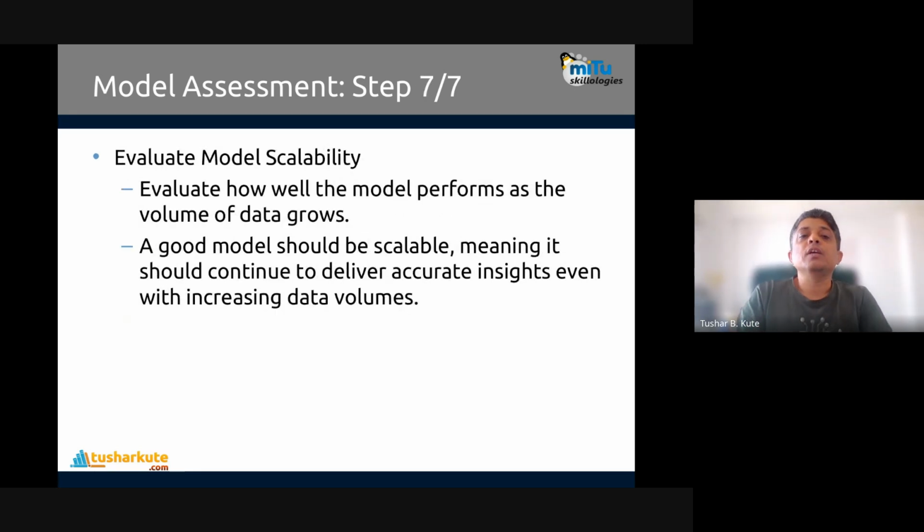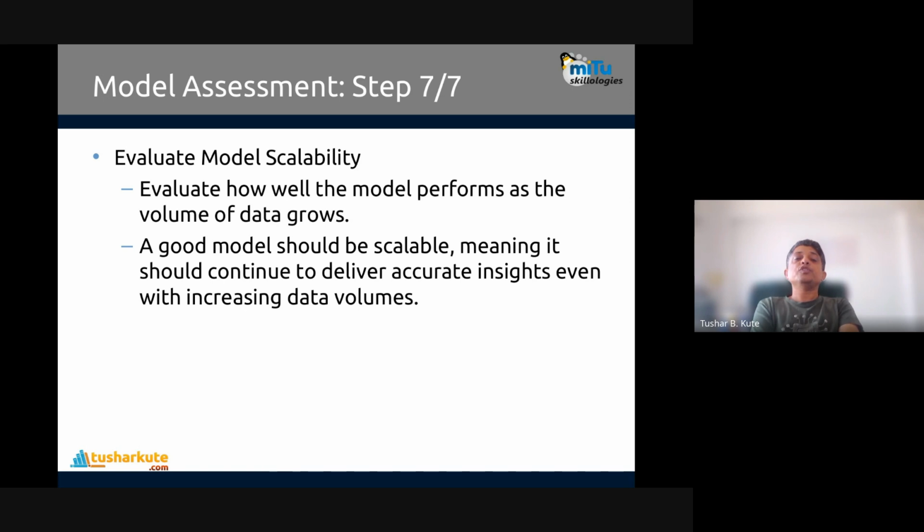Number 7, now evaluate the model scalability. Scalability means how scalable the model is to n number of features. We evaluate how well the model performs as the volume of data grows, and how the accuracy of the model changes as the amount of data grows.